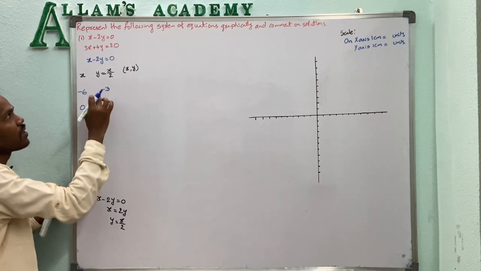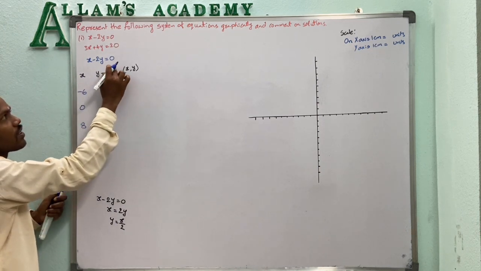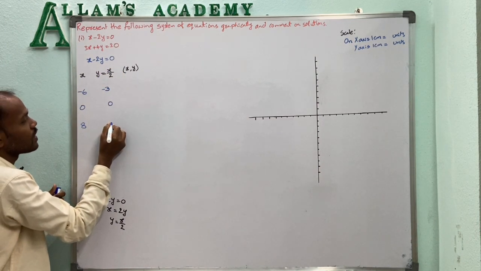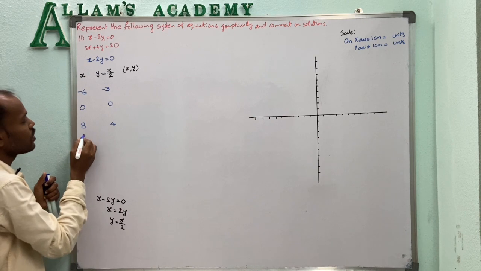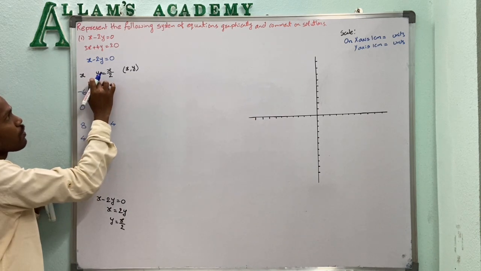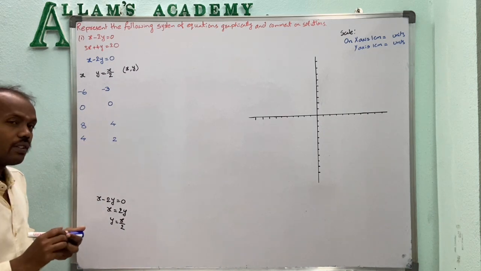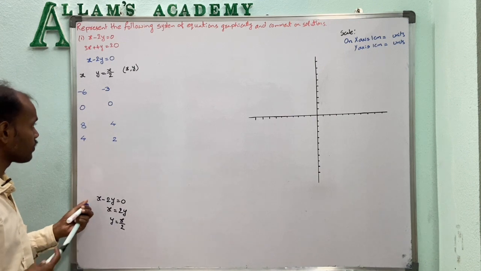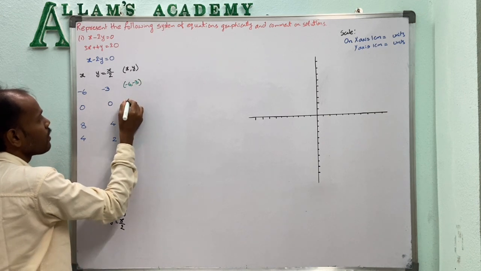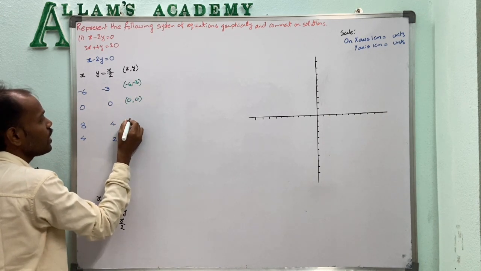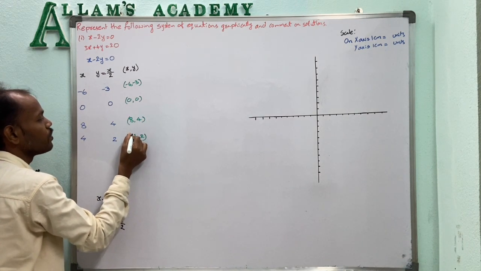If we substitute another x value, 8, then 8 by 2 is nothing but 4. And if we substitute the value 4, then 4 by 2, so the y value is 2. Now the points are written: (minus 6, minus 3), (0, 0), (8, 4) and (4, 2).